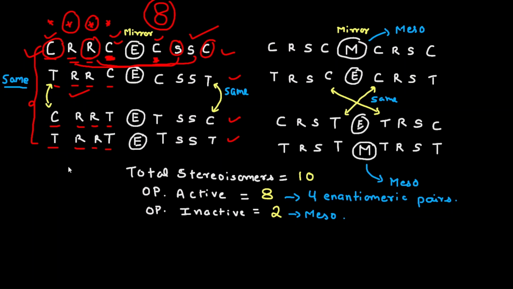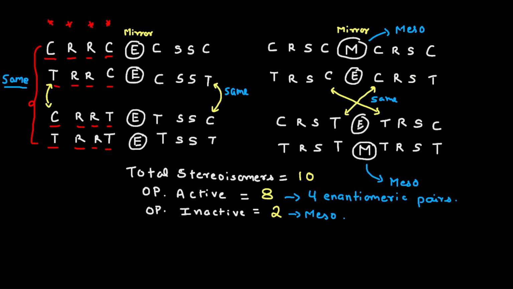And once you have taken all the four possibilities, now you should recognize very important features. And what those features are, let me try and explain it to you. Now, first of all, these two are non-superimposable mirror images, because if you try to superimpose these two, the cis will superimpose on cis, this cis will superimpose on this cis, but this S is not going to superimpose on R, and this S is not going to superimpose on R. So these are two non-superimposable mirror images.